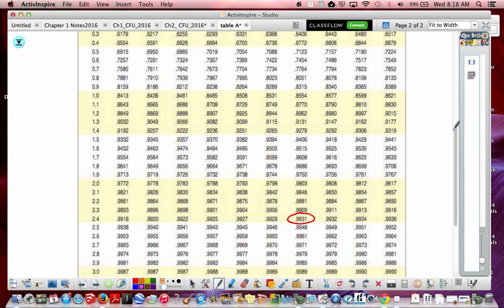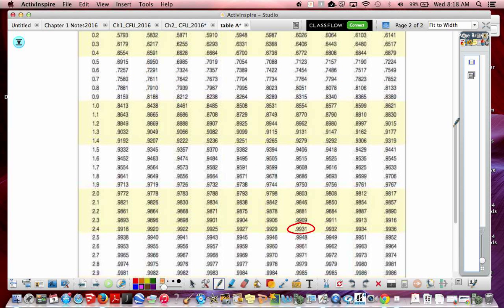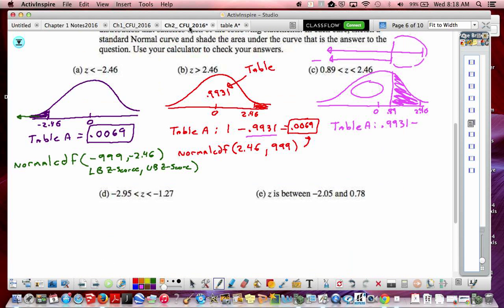I'm going to scroll up here just a little bit. Here's 0.80, 1, 2, 3, 4, 5, 6, 7, 8, 9. It's right there: 0.8133. So bring it back here, 0.8813. If I subtract those two, I get 0.1798 as my area in between those two values.